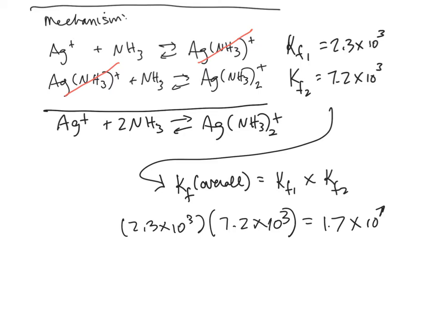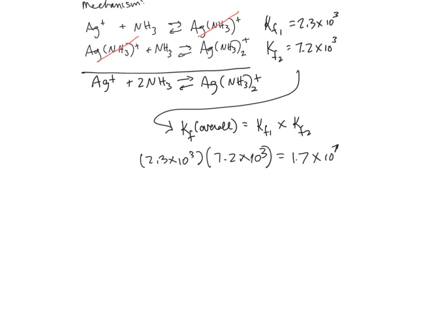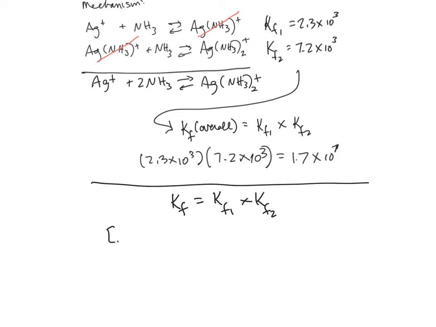Now you can also go through the exercise of writing the equilibrium constant expressions for each of the steps, just to play around with it and see how things work. Kf is equal to Kf1 times Kf2, and Kf1 is the silver ammonia complex ion with just one ammonia, divided by silver plus and divided by ammonia.